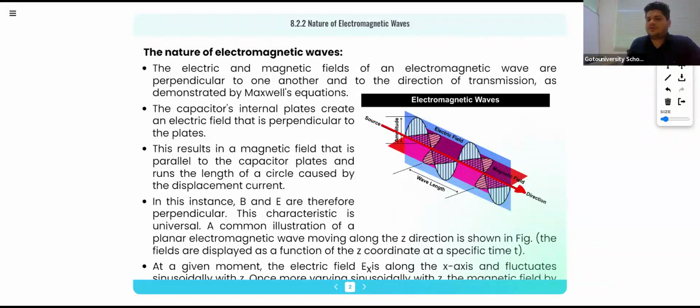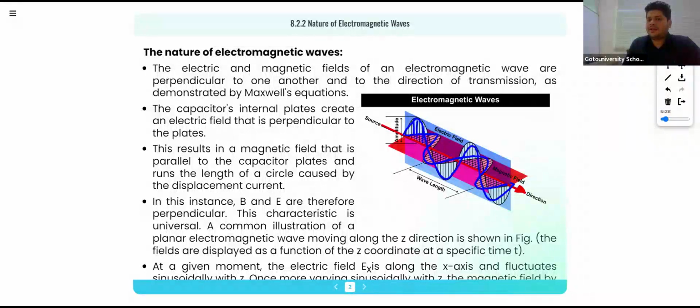Then we have electric field and magnetic field. They both are perpendicular to each other.